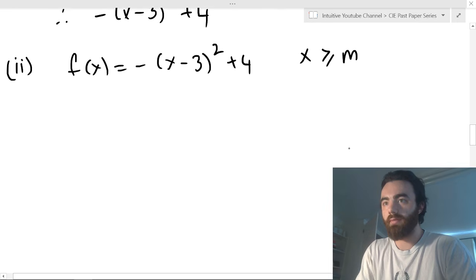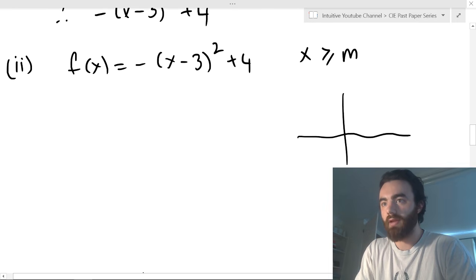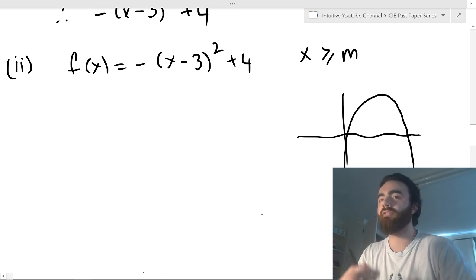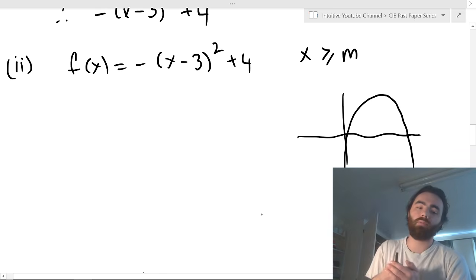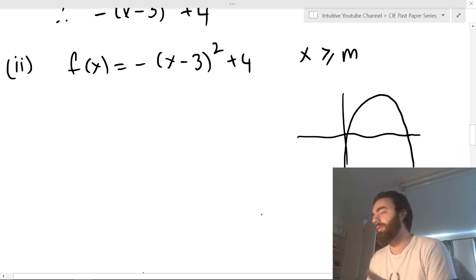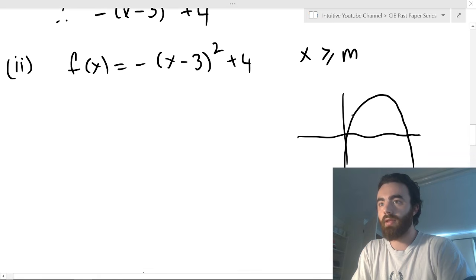Well, this is going to look something like this. You're going to have some parabola. And remember, a function is 1 to 1 if when we put one input in, we get one output. So here, if we put in, let's say f is 1 here or something, we're getting 2 outputs for our one input.